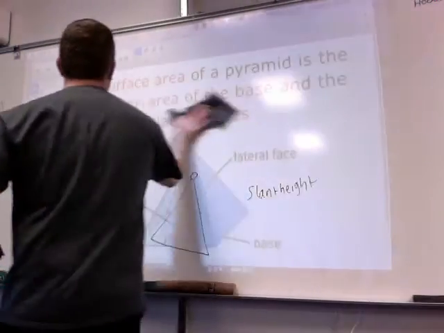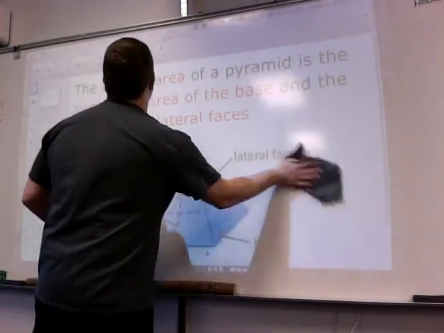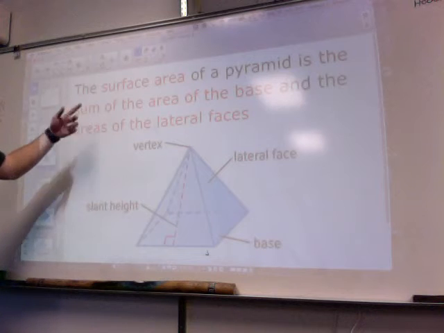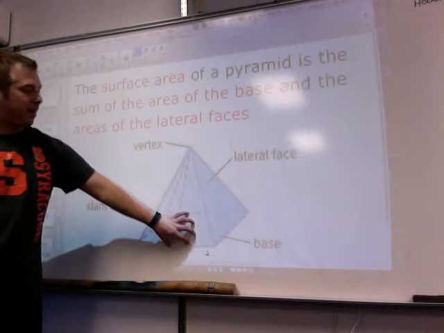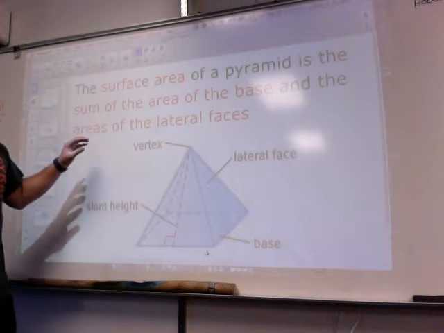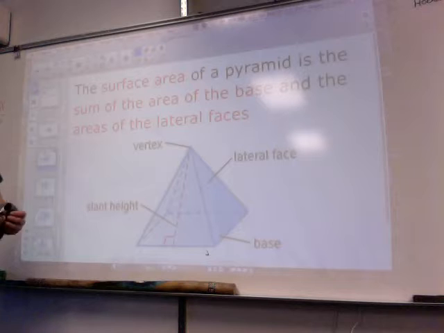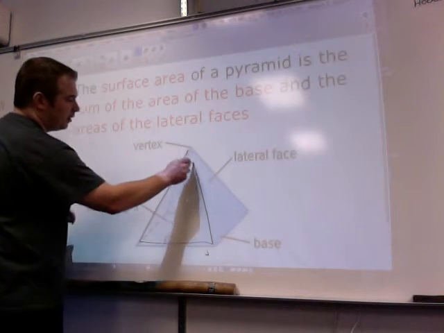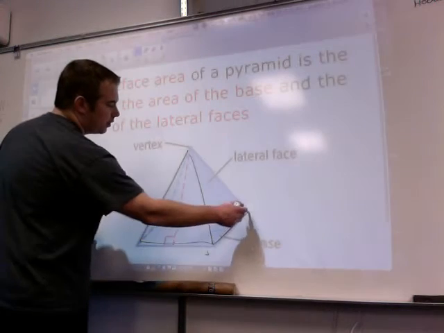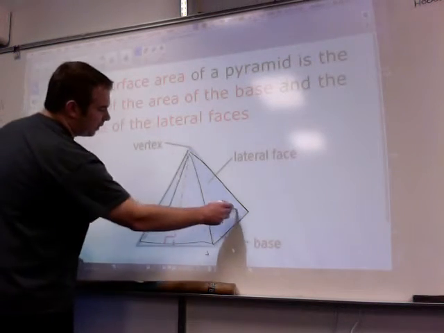Here's just a diagram again. And it's just going to show you the surface area of a pyramid is a sum of the area of the base. So you find your base first or last, and then the areas of the lateral faces. So it looks like this pyramid has 3 faces. One, there's the second, and the third is in the back, which would look like that.